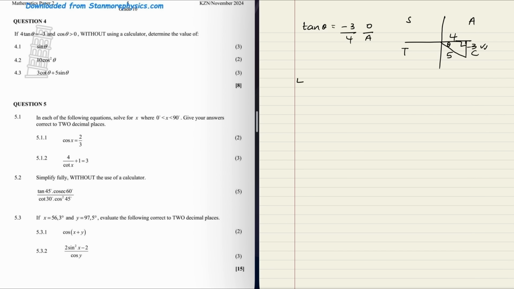Now question 4.1 says, calculate the value of sine theta. So sine theta is going to equal opposite over hypotenuse, so negative 3 divided by 5.